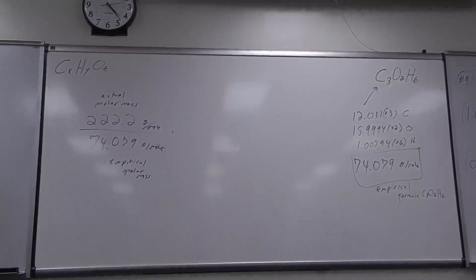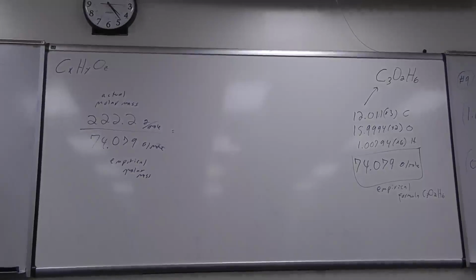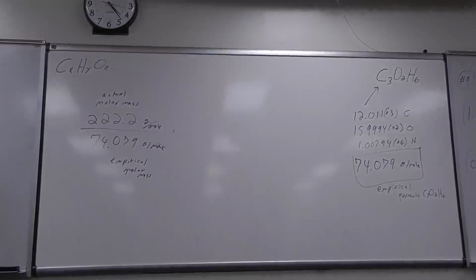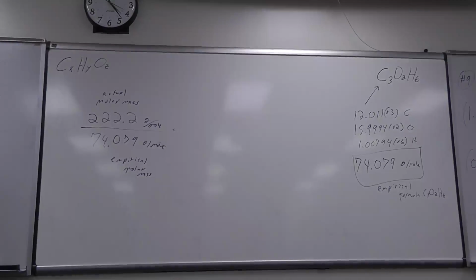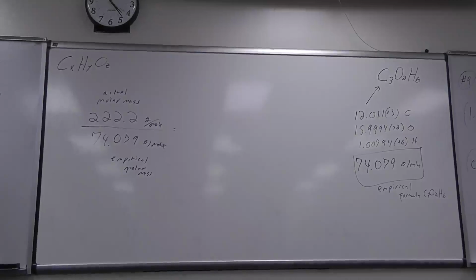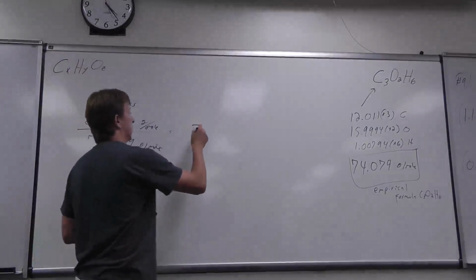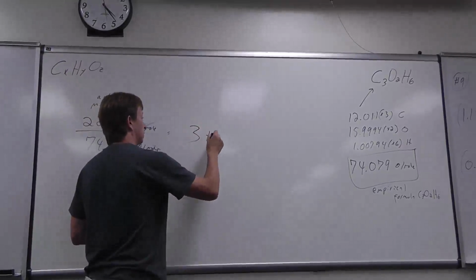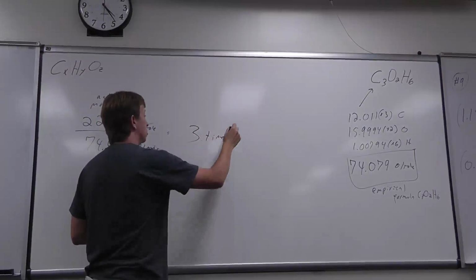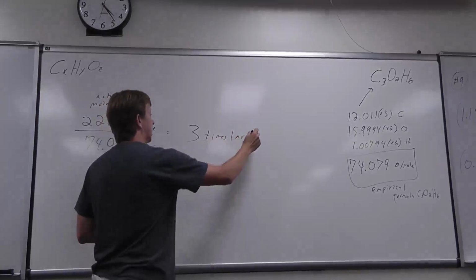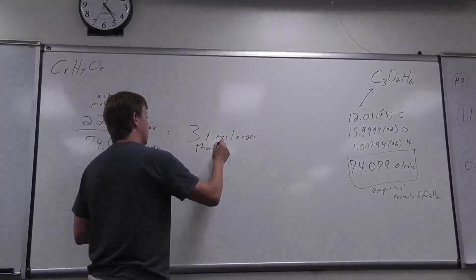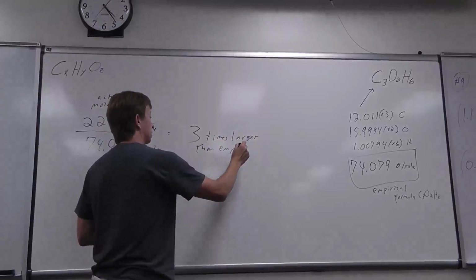222.2 divided by 74.079 is pretty much 3. I got 2.9995, etc. This is telling you that the real molecule is 3 times larger than the empirical.